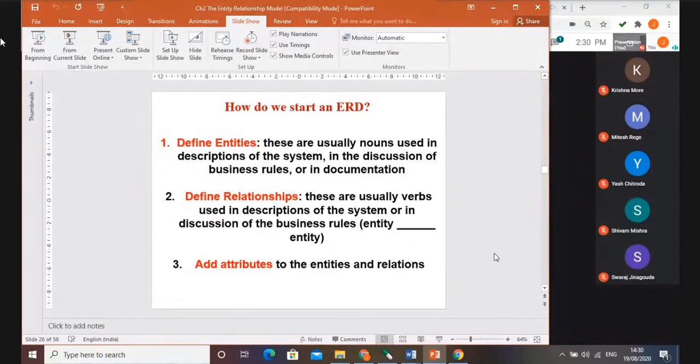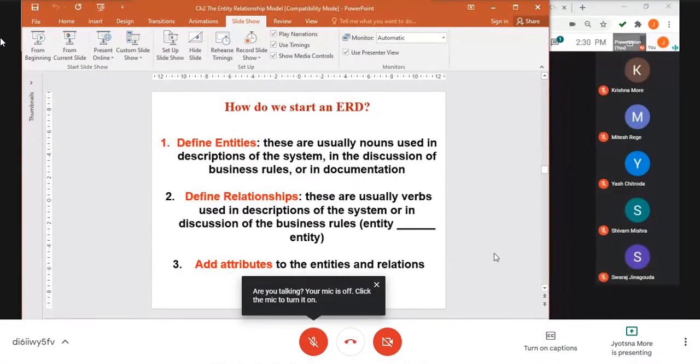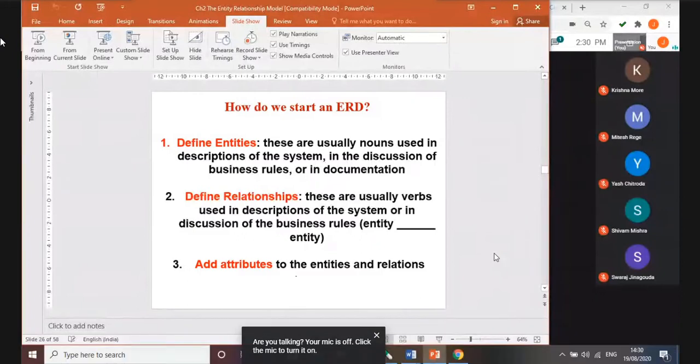Main part of this chapter is how to draw an ER diagram. If possible, note down these 5 steps to start with an ER diagram. First, you have to identify the entities, what entities you require. Basically, when we want to start an ER diagram, we require a problem statement.